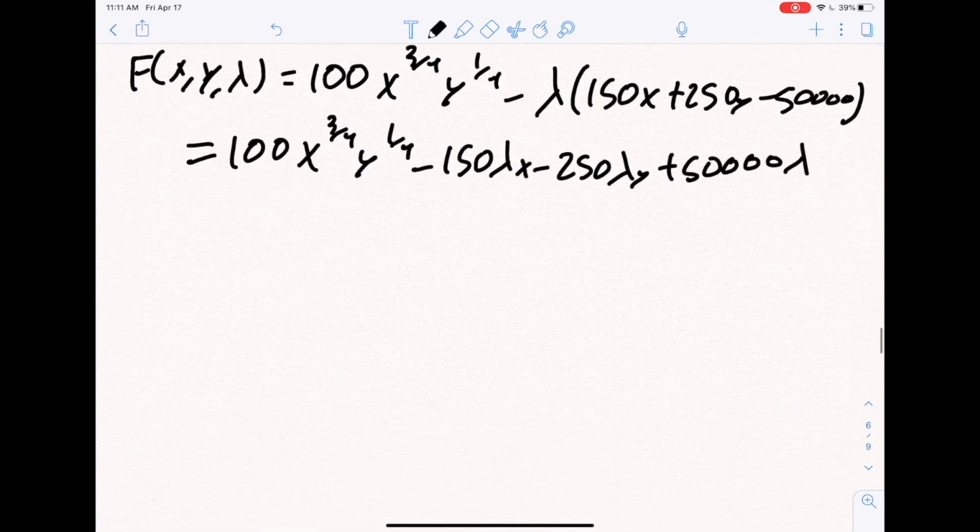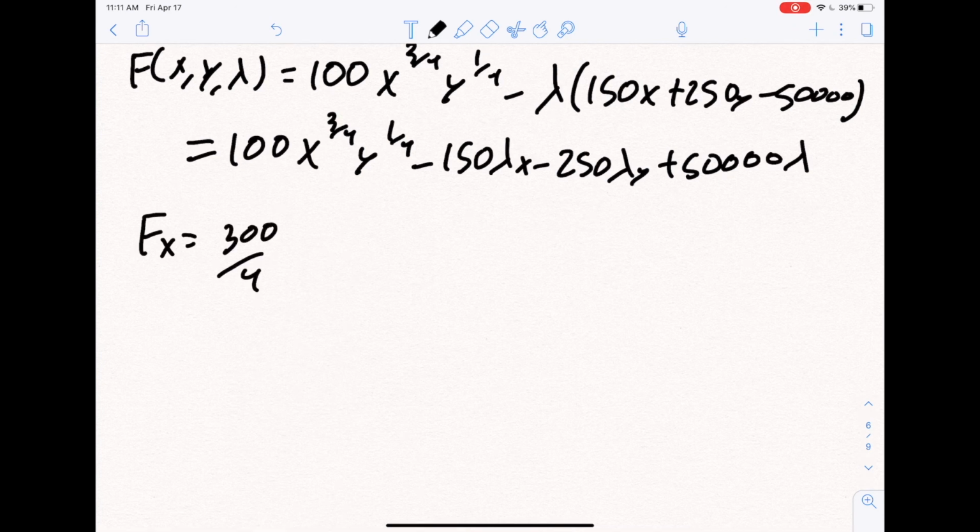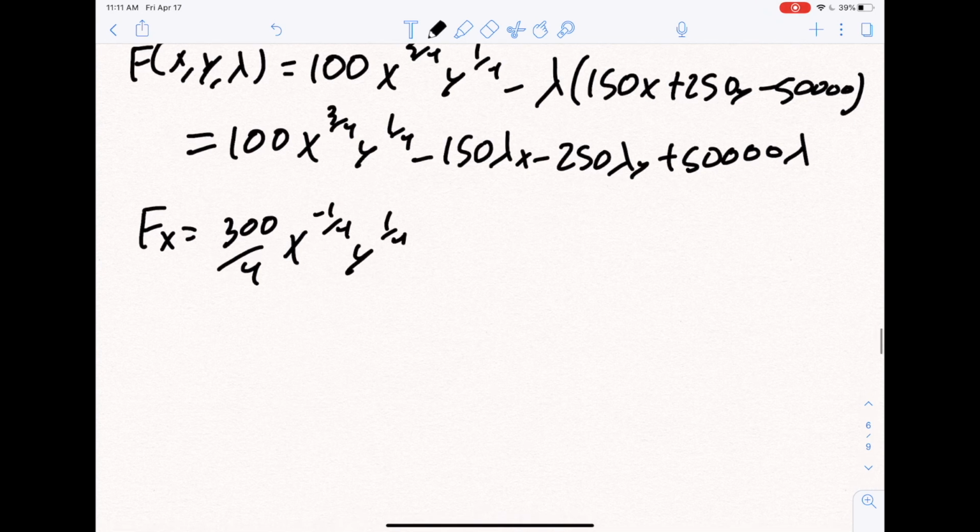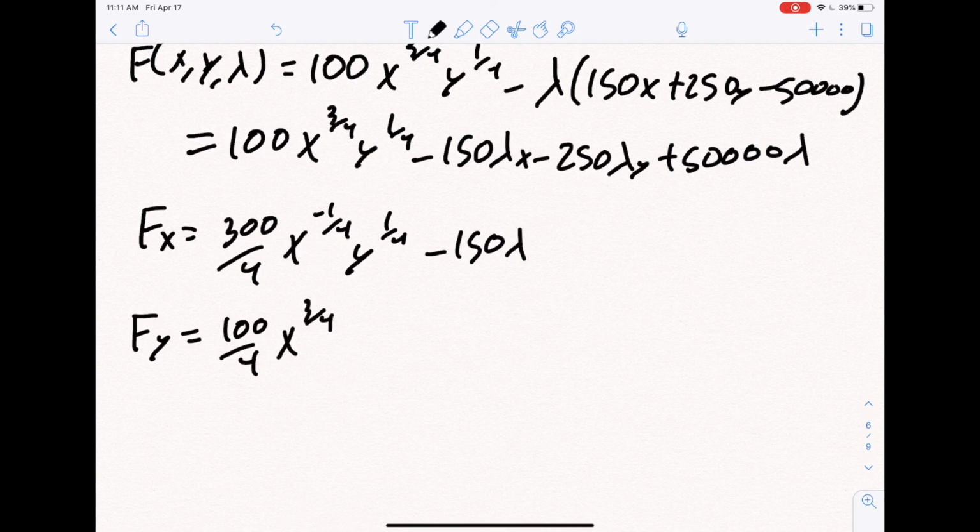And now we take our partials. We get fx equals 300 over 4 times x to the minus 1 over 4 times y to the 1/4, remember, because y here is still a constant, minus 150 lambda. Fy, we get 100 over 4 times x to the 3 over 4 times y to the minus 3 over 4 minus 250 lambda.